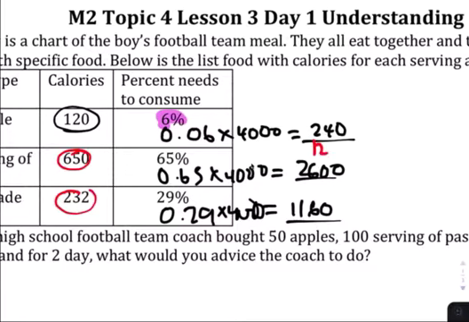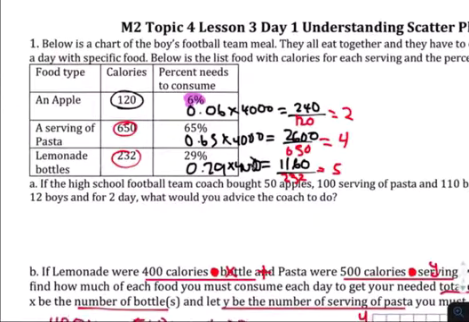So 120 is 2, 650 is 4, and 232 is 5. Okay? And then you're doing it for 12 boys for 2 days.